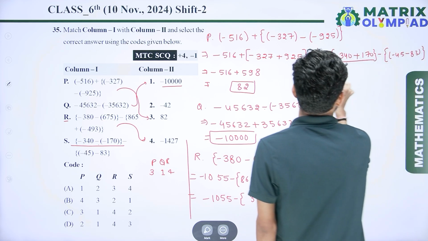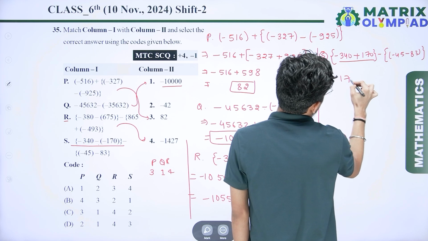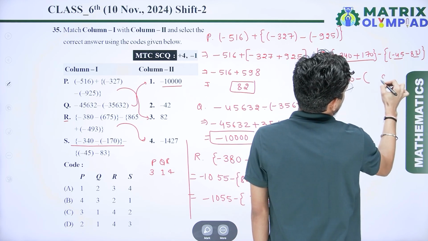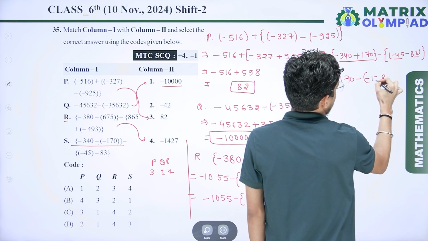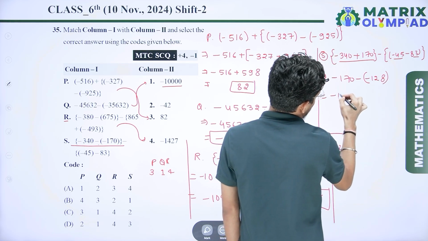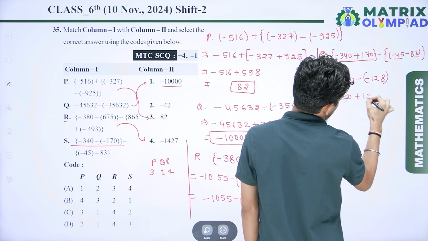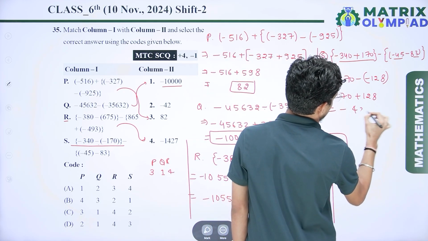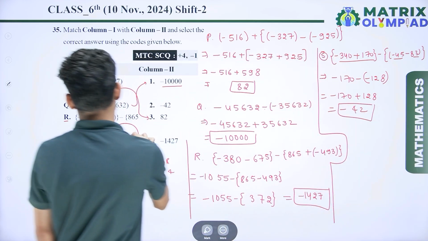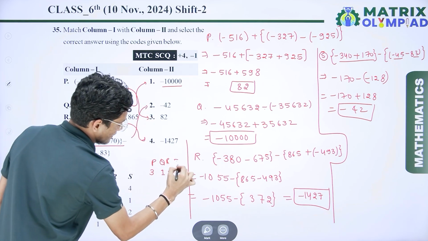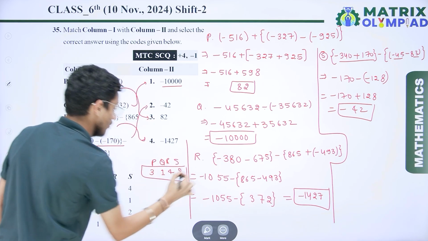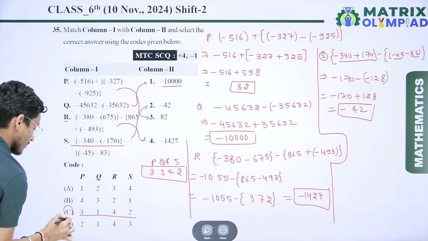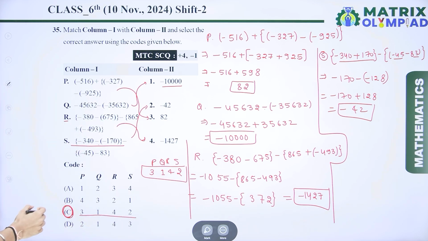If I simplify here, I get the answer that is minus 170 and here I get minus, that is 538 and 4, 5, 12, so minus 128. So simply minus 170 plus 128. If I solve here, I get the answer that is minus 42. And where is minus 42? S is connected to 2. So the answer that is we have 3142. I can say that option number C is the correct answer over here.